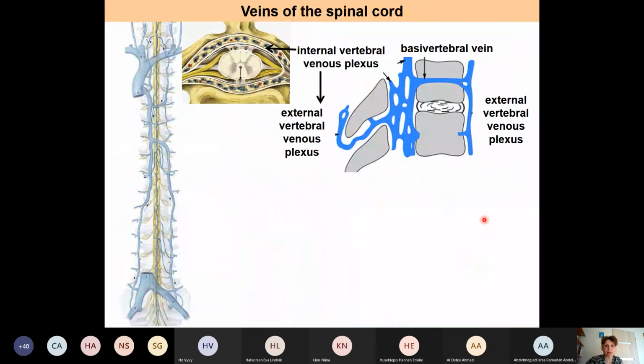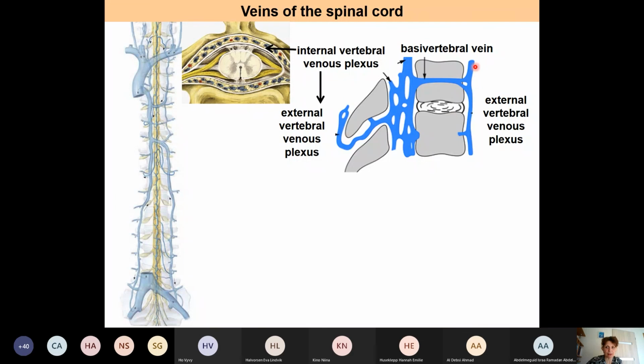And at the end, some words about the veins of the spinal cord. We have already mentioned that in this epidural space we have the internal vertebral venous plexus, and here you can see it also in the schematic drawing, and it communicates with the external vertebral venous plexus.